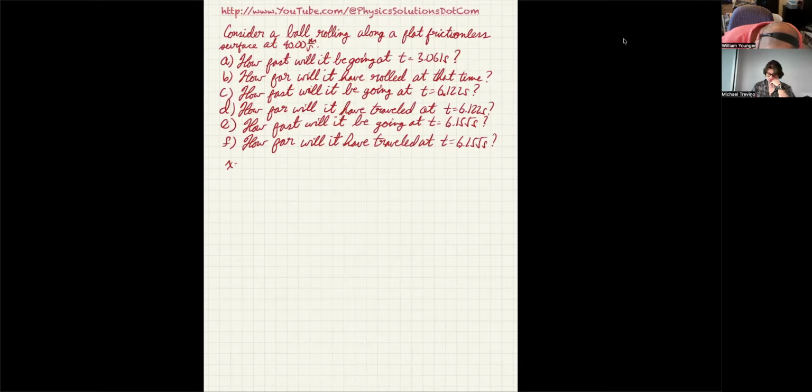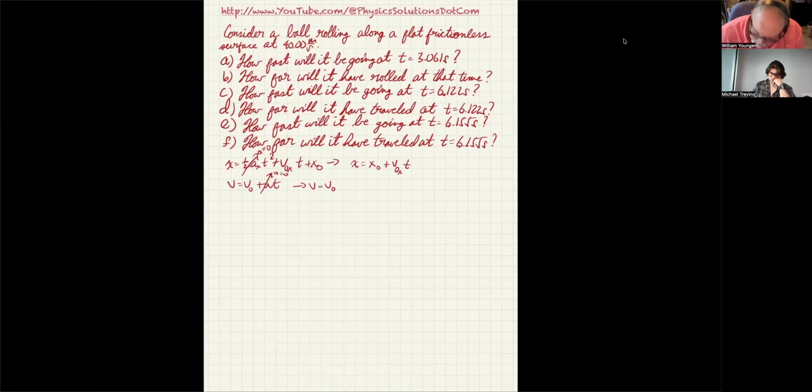So x is equal to 1/2 a sub x t squared plus v0 sub x times t plus x0. If a is equal to zero, this becomes x is just x0 plus v0x times t. Similarly, v equals v0 plus at, if a is equal to 0, becomes v is just equal to v0.